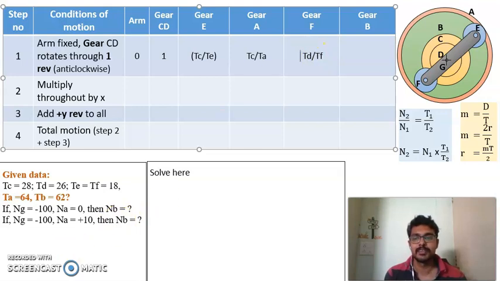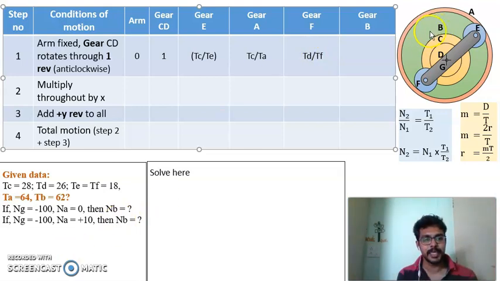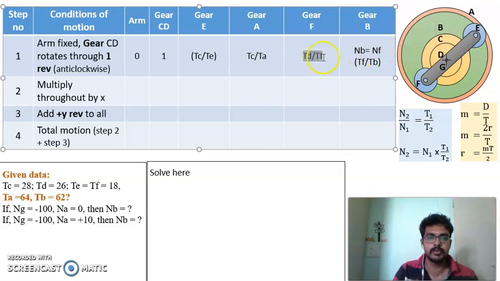Now, gear B is in mesh with gear F. Therefore, the speed of gear B will be equal to the speed of gear F into number of teeth on gear F to number of teeth on gear B. Now, from here we know the speed of gear F is equal to Td by Tf.